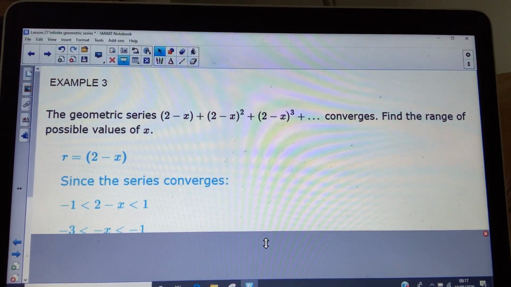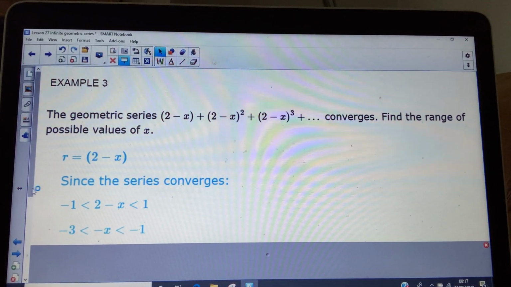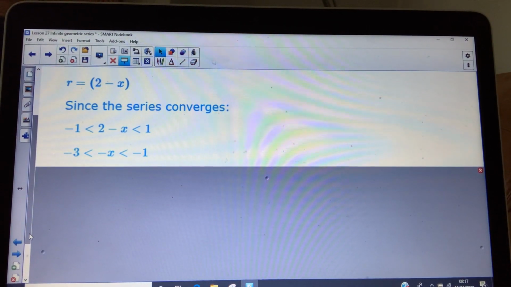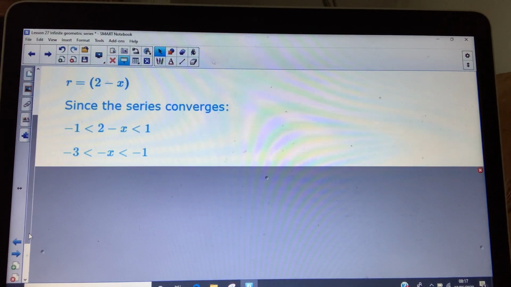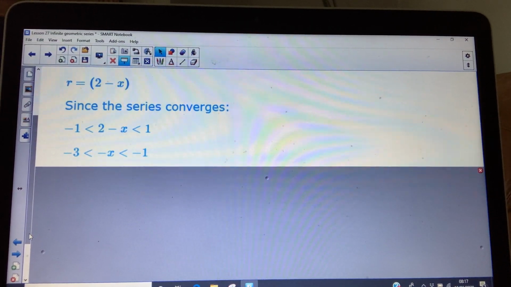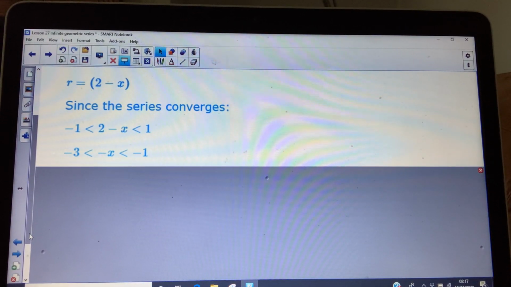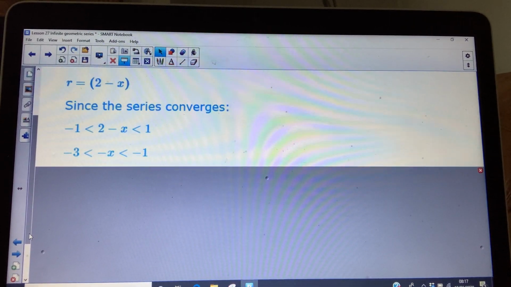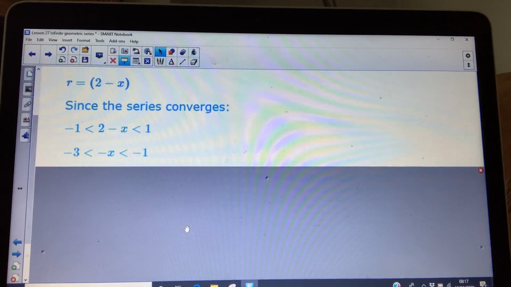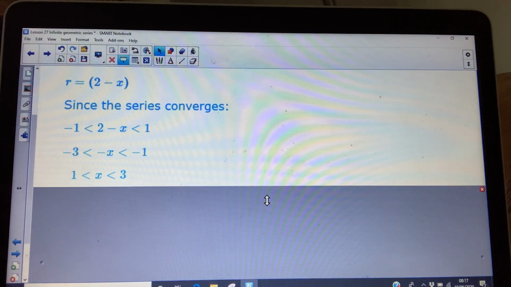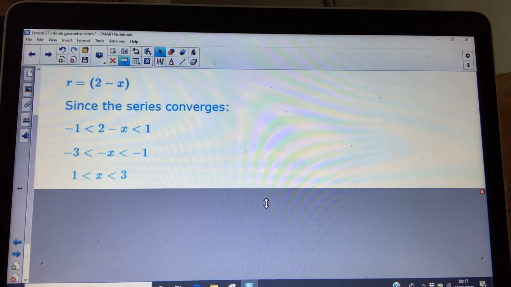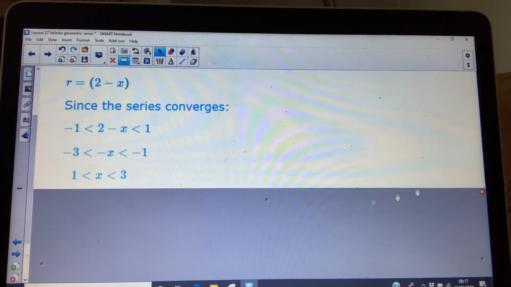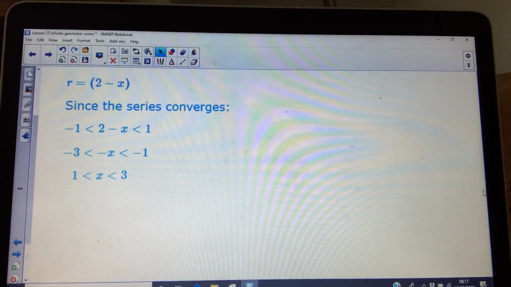It's up to you how you solve this, but I'm going to take 2 off both sides, and to make that minus x into positive x, I'm going to multiply or divide all through by negative 1, which means I invert my inequalities. So just be careful there. So x is actually less than 3 and greater than 1. That's because I've multiplied all through by negative 1.